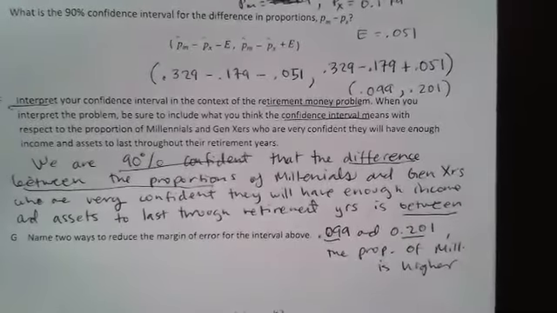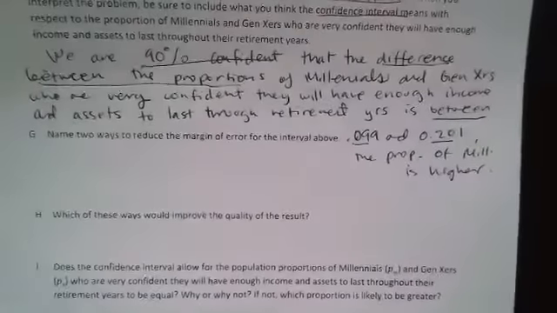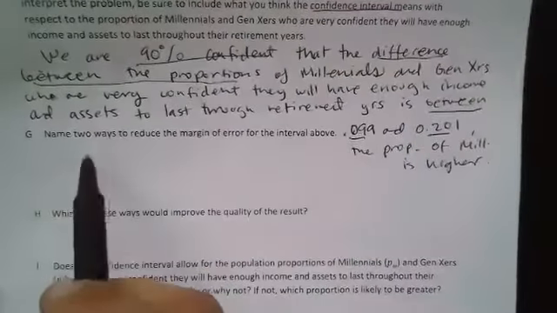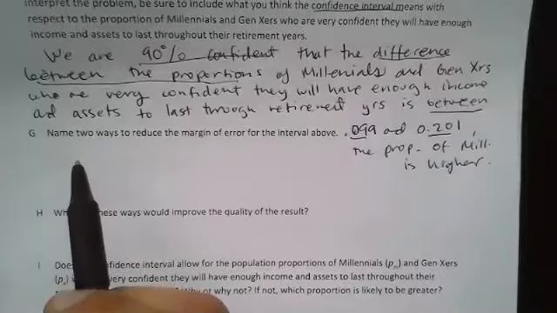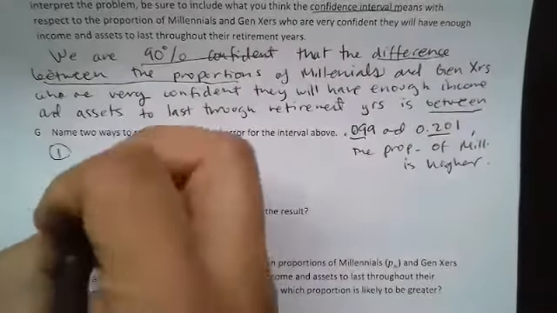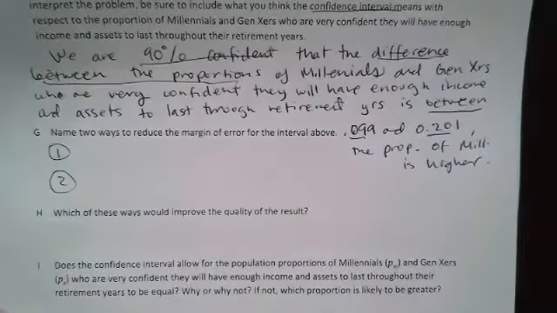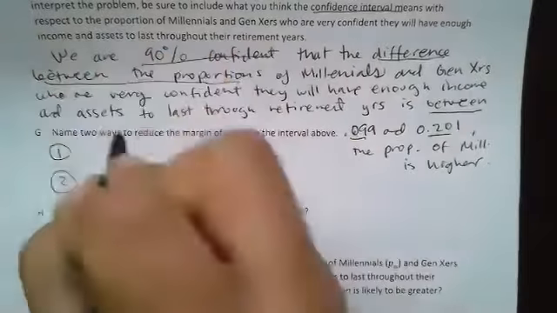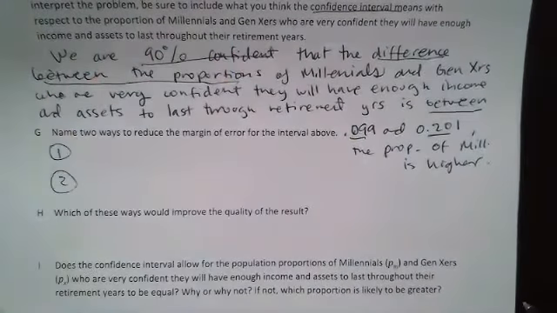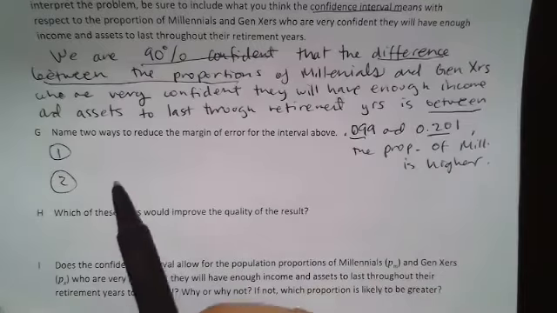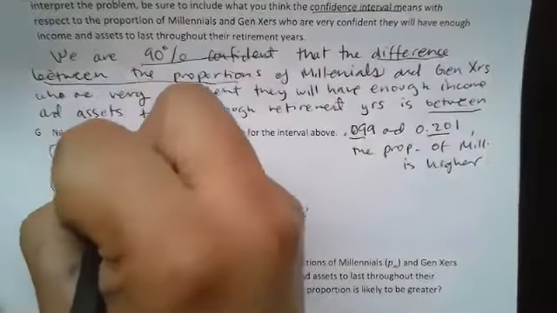All right. So what are two ways to reduce the margin of error for this interval? In general, we could change the level of confidence, right? Or increase the sample size. Okay, that's good. That's one of them.